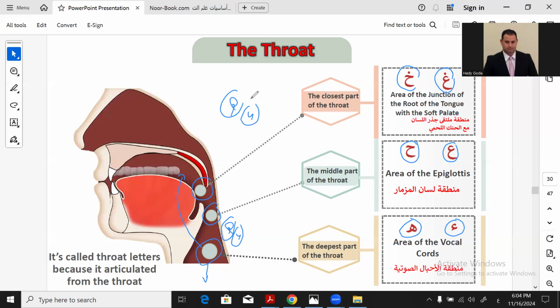You can feel the vocal cords are closed when we pronounce letter Hamza, but for letter Ha, the vocal cords are partly closed. They move a little bit close to each other, but they are still open or partly closed.